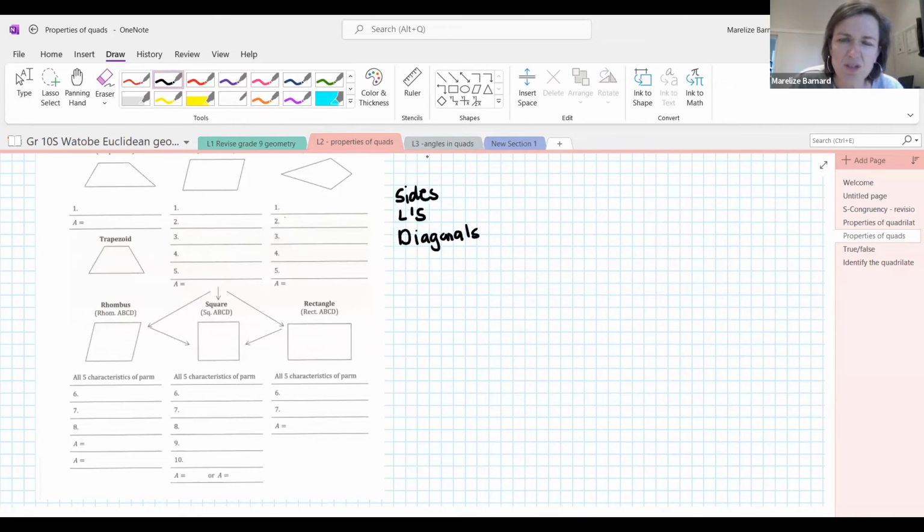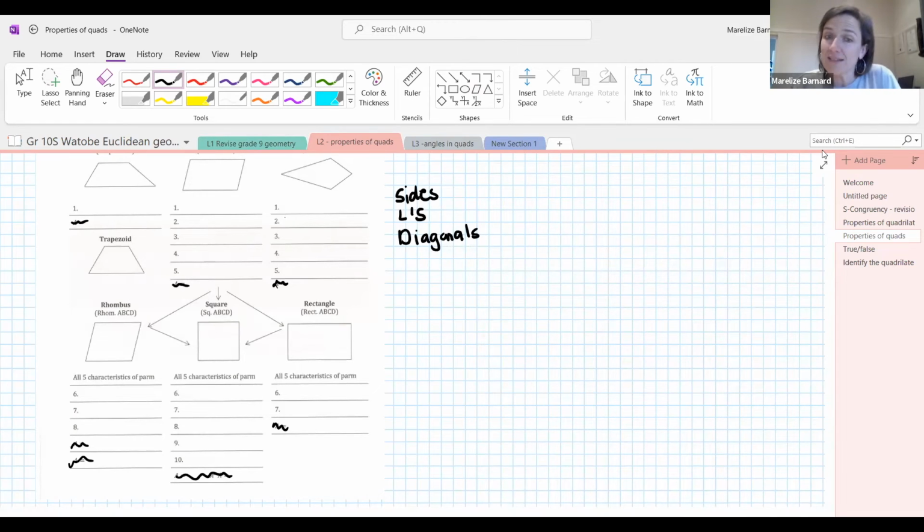Don't worry so much about the symmetry, and don't worry about what it says here with the A. That actually stands for area, but we're not going to worry about area now. Area is something you did in grade 9. So we're just interested in what you can say about the sides, the angles, and the diagonals. Oh, the memo situation. Don't worry, Tsiamu, the memo situation has been dealt with.